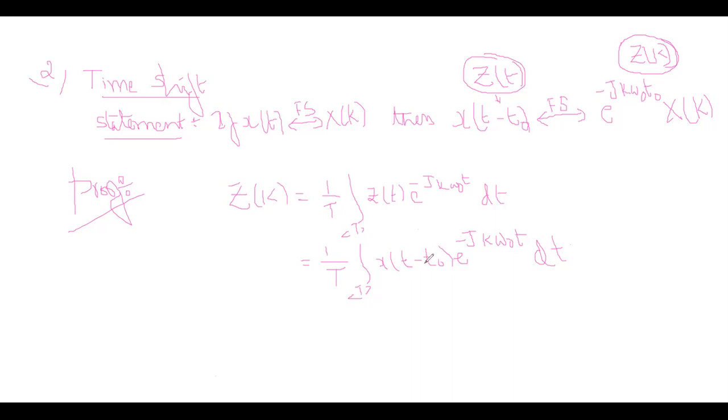So keep these two terms as a single term. Let us assume t minus t naught is equal to m. Here t naught is a constant, so apply the derivative on both sides.